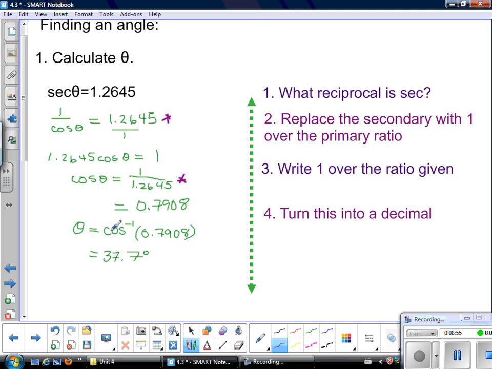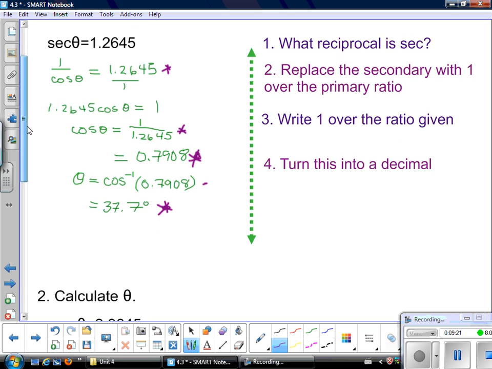Whether you then do cos inverse with the 1 divided by that, that's fine. You could do that or change it to the decimal. So I prefer to see this. And whether you give me this or not, I'm not too concerned about, but I definitely want to see this. So those are the steps I would like to see in your solutions. As I said, some of those other in-between ones, not so bad. You don't have to do those.